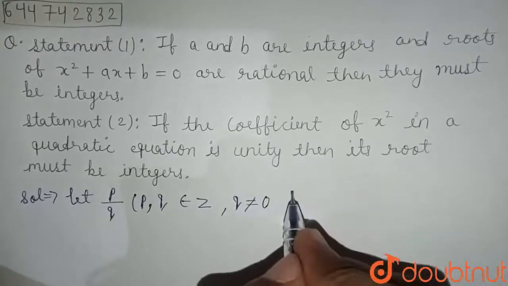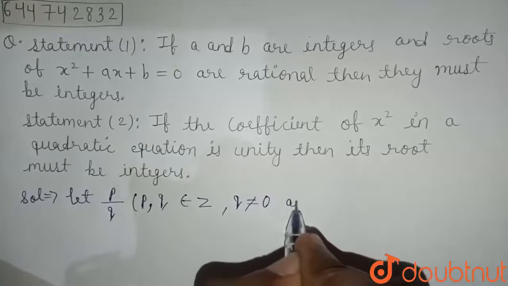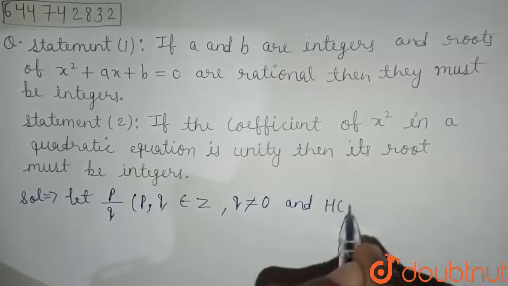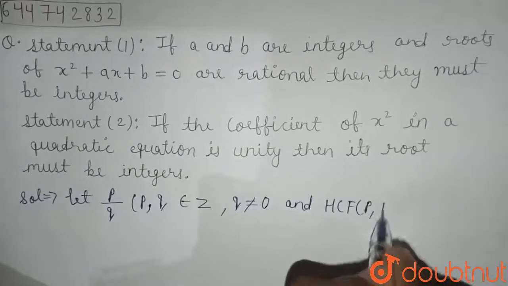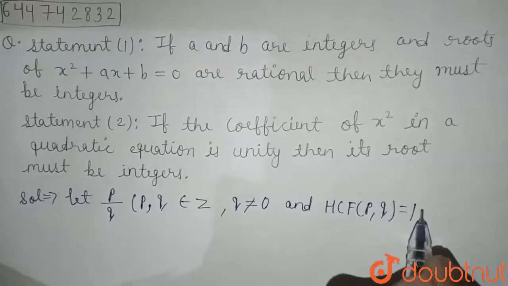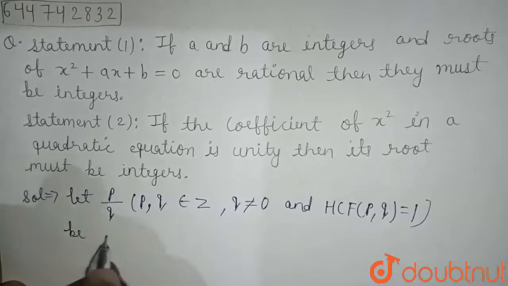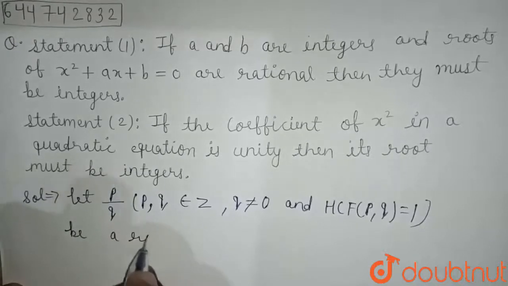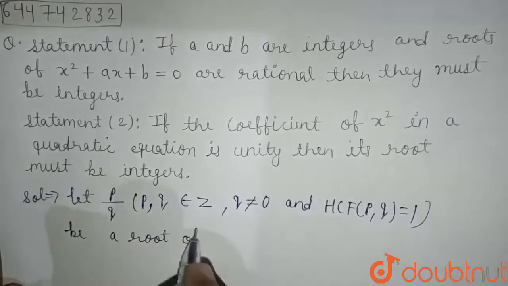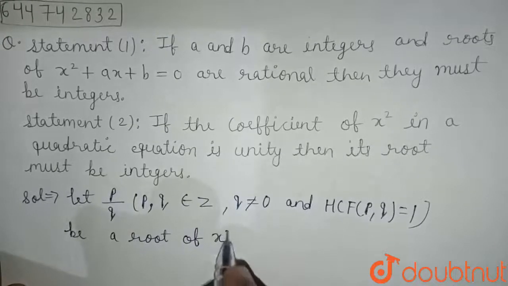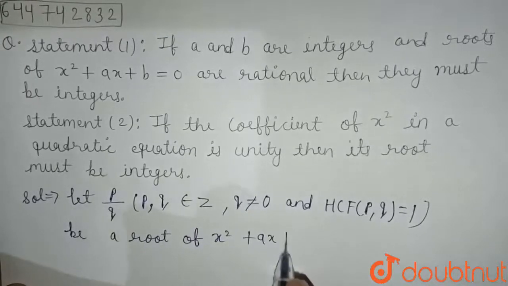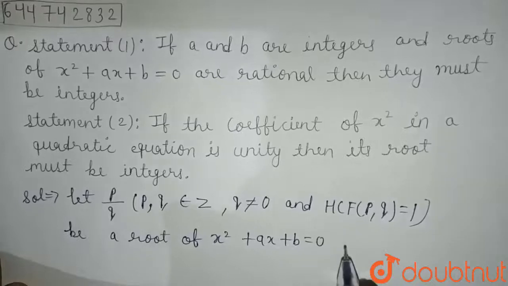This is the condition of a rational number, and HCF of p, q is equal to 1. Okay, so let this be a root of x square plus ax plus b equals 0.